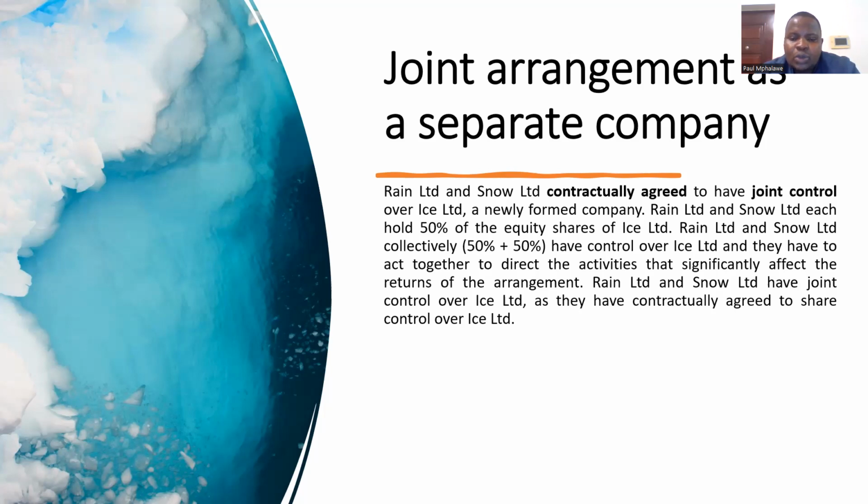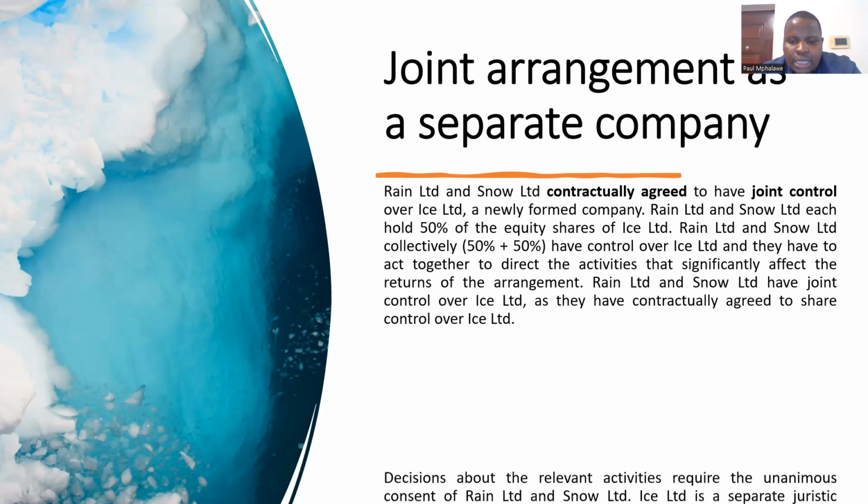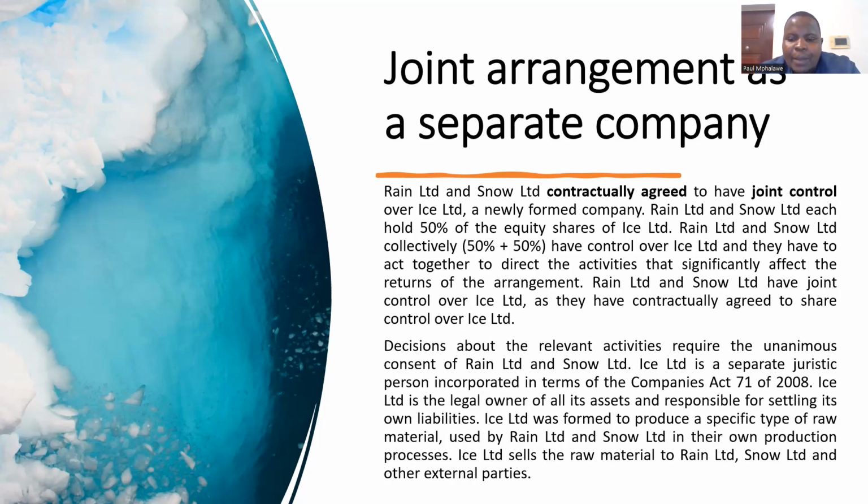they will have to act together to direct the activities that significantly affect the returns of the arrangement. Rain Limited and Snow Limited have joint control over ICE Limited, as they have contractually agreed to share control over the company. Now, decisions about relevant activities require the unanimous consent of Rain Limited and Snow Limited.